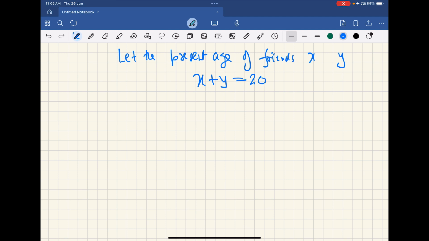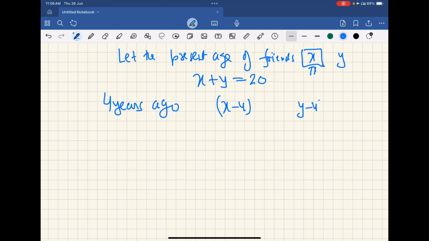देन 4 years ago. सी सबसे पहले हमें क्या करना है? 4 years ago what would be the age of this person who is right now x years old? So 4 years ago इसकी एज होगी x माइनस 4. यस, सपोज आप 15 साल के हैं तो 4 साल पहले आप कितने साल के थे? 15 माइनस 4, 11 साल के. सो हम वही कर रहे हैं भाई, कोई अगर x years का आज है, 4 years ago he would have been x minus 4 years old.